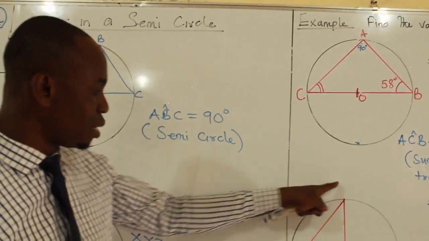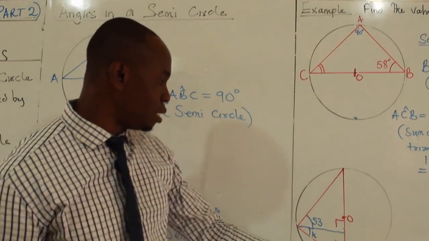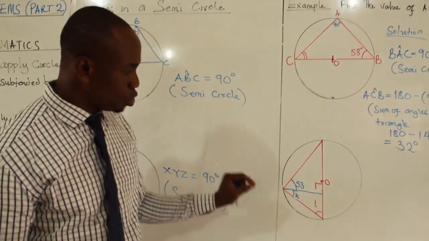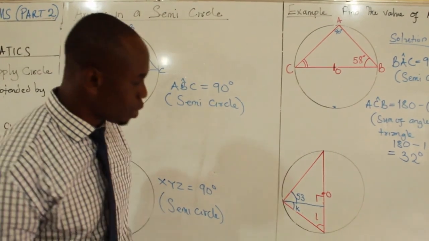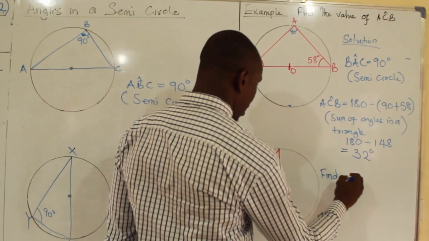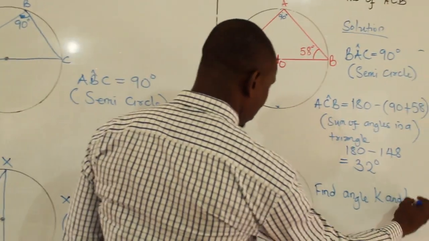Most times, letterings are not given in the questions. Letterings outside the triangle are not usually given. The angle is lettered. So this question is asking us to find angle K and angle L.